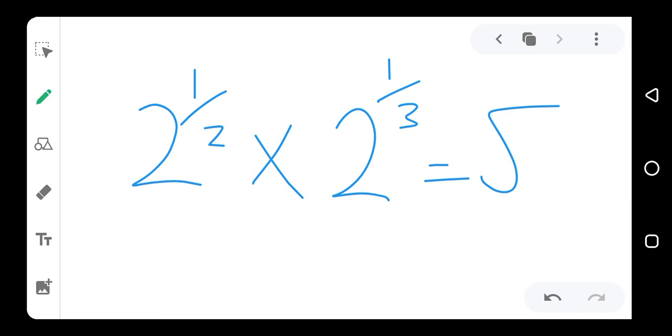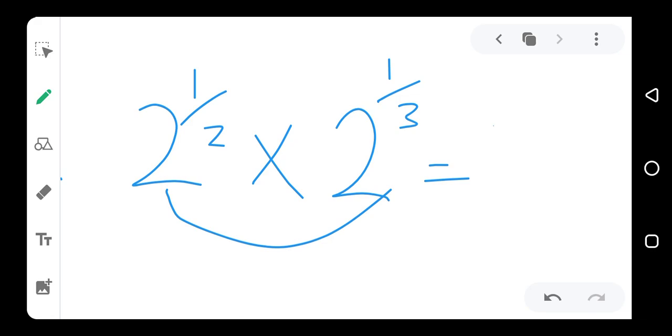First of all, when we have different roots combined like this, that is when the power is fractions this way, then what we are going to do is that we multiply the bases just like we do when we see 2 indices and they are separated by a multiplication sign.